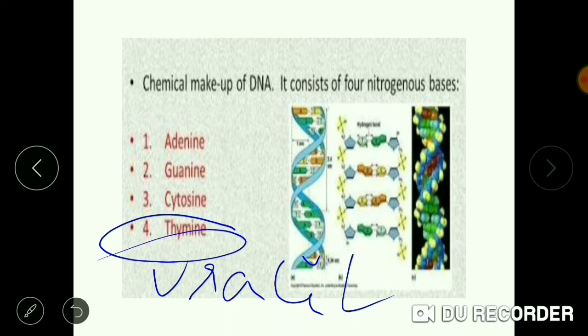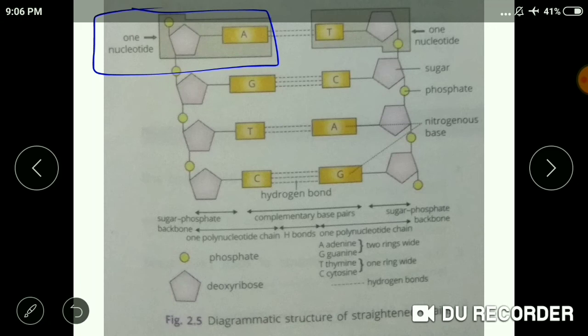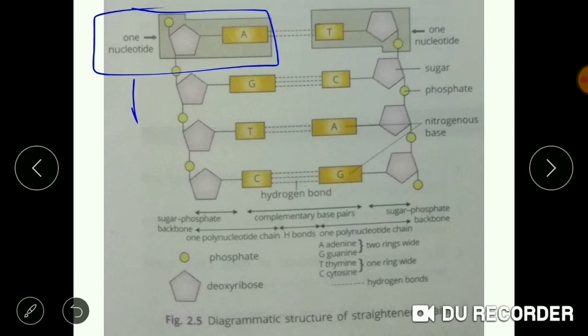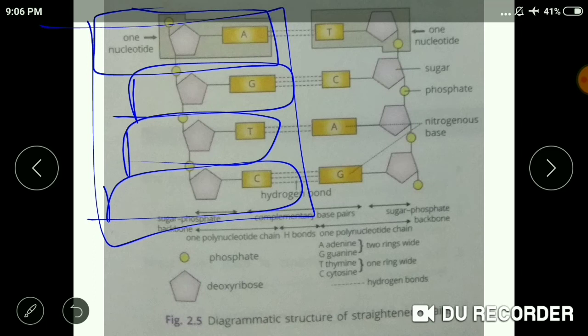Now we move on to DNA first. So just like I said, this is the structure of a nucleotide. Similarly, many nucleotides have combined and formed a polynucleotide chain. So this entire chain is a polynucleotide chain.